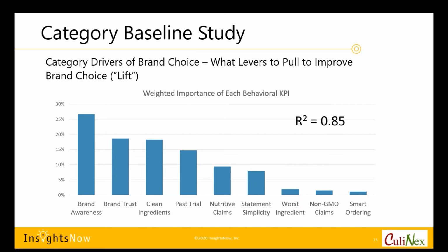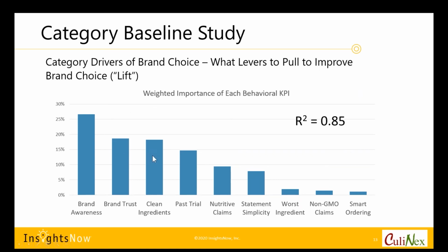is look at models and model these KPIs against choice. So here you can look at brand awareness for the plant-based burgers category, which is the most important driver of choice. Brands that tend to have a high degree of awareness tend to get chosen more frequently. Brands that have a high degree of trust also do, so we have a KPI for trust.